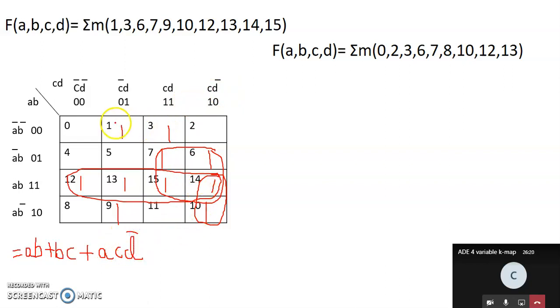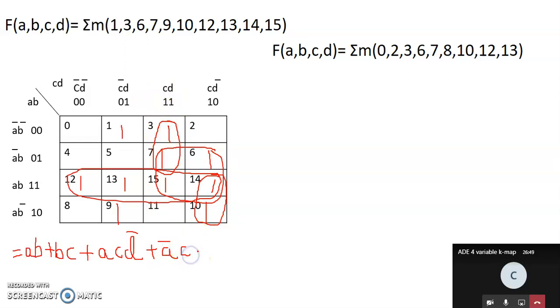Next, these two are left out and this also is left out. For this, I have two options. I can do this pair or I can do this pair. You can do any of that, both are correct. So I'll do this. If I do this, the result I'll be getting here is A bar, then CD.